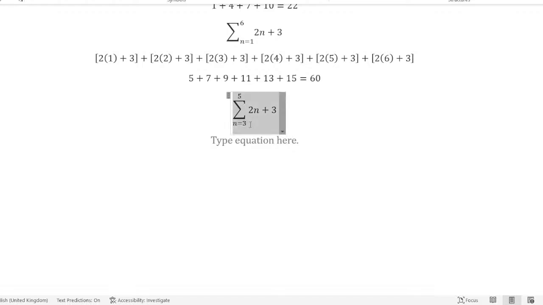Then n is equal to 3 is going to be the first number to be substituted. So our terms will end at 5, the last number to be substituted.